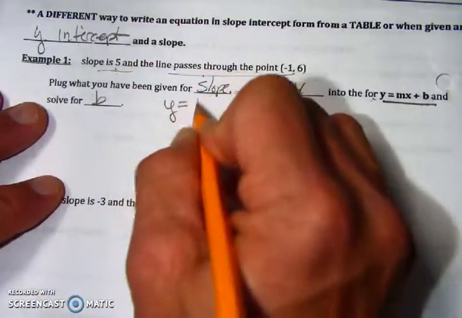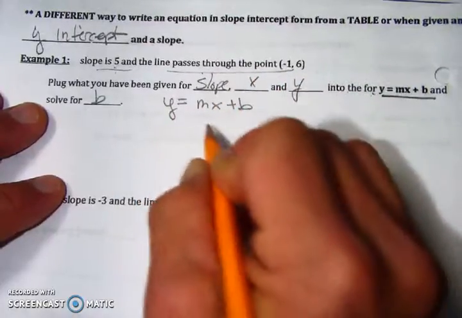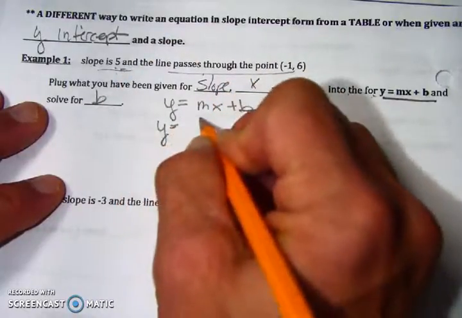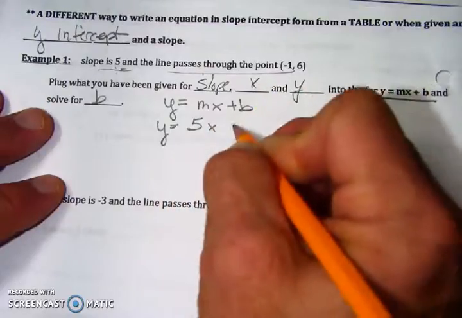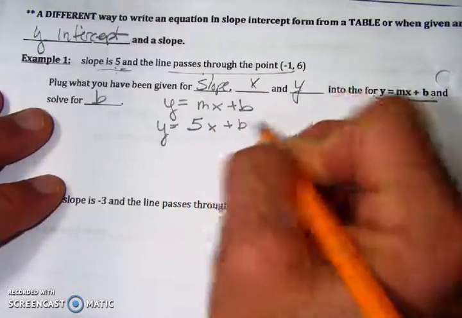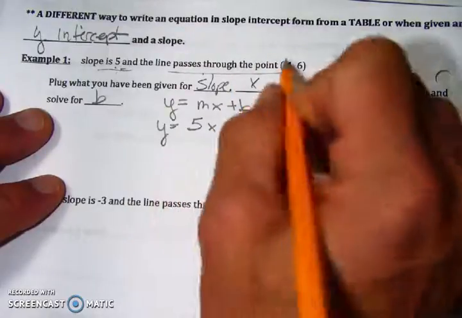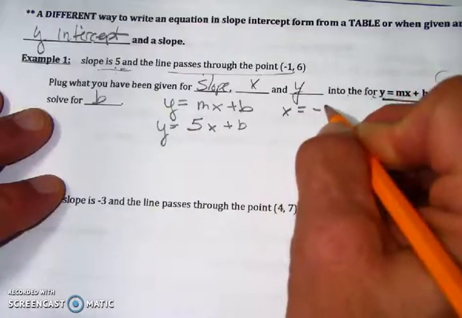So start like this. This is solving equations in 2 steps. We're given our slope. What was our slope? 5, right? And we have an x and we have a y, so we're going to plug those in now. x equals what?